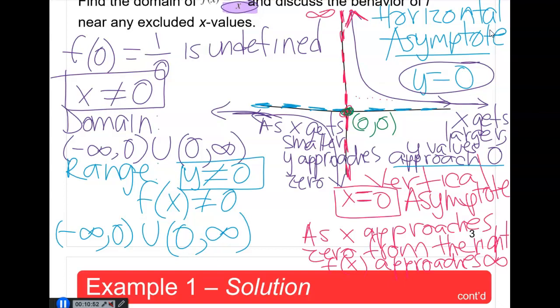And if we look at what's happening on the left side of the function, as we approach the x value of 0 from the left, so as x approaches 0 from the left, the y values are getting smaller and smaller if you follow the behavior of this graph.